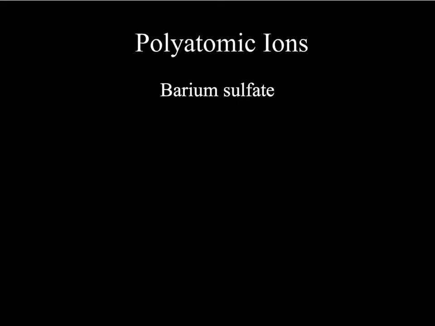Now, when writing formulas for ionic compounds that have polyatomic ions, I first have to identify my atoms and their oxidation states, and I have to identify my polyatomic ions and their charges. So, for barium, I have Ba, and because barium is in group 2, it has a plus 2 oxidation state.